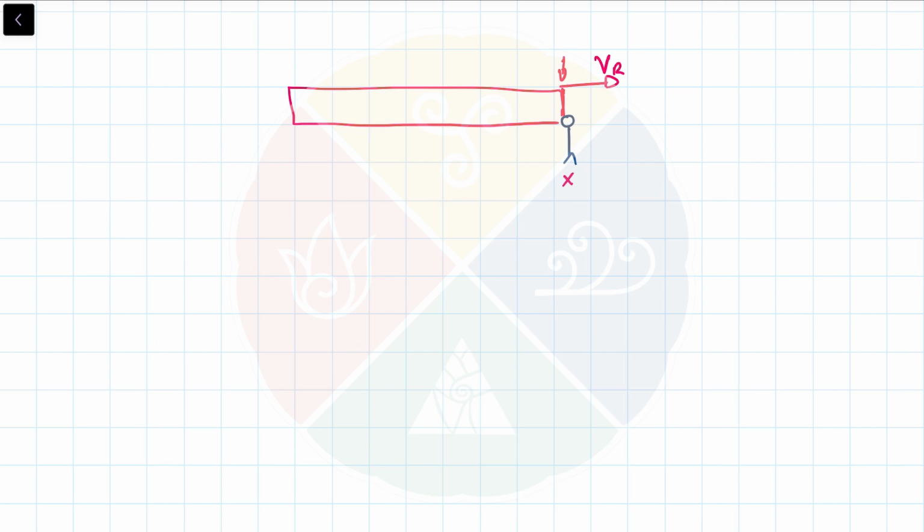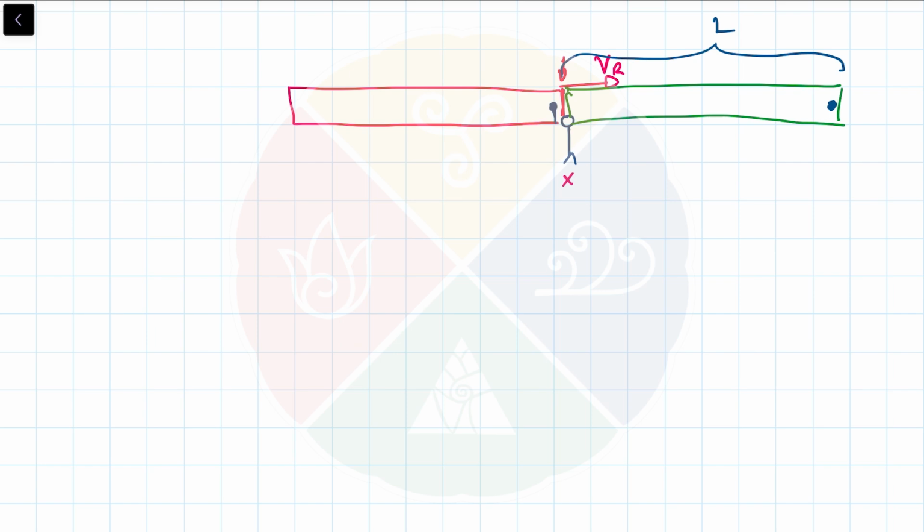The train keeps moving until its end passes the person. That means the front of the train travels a distance equal to the length of the train.